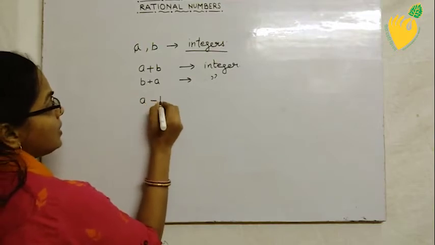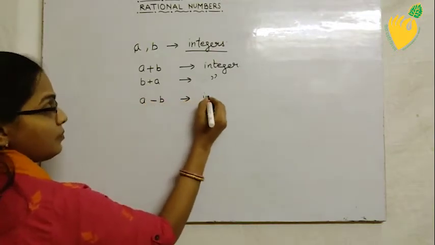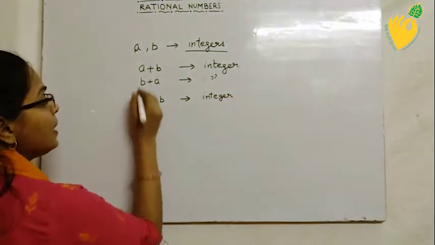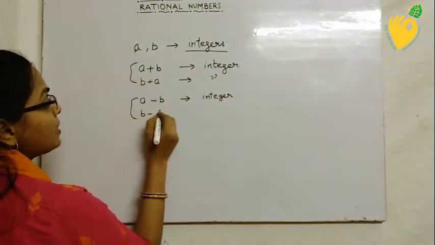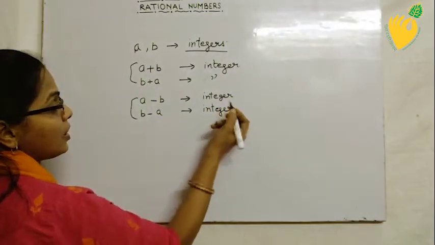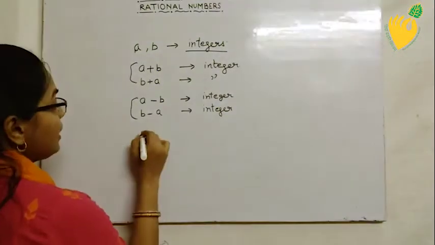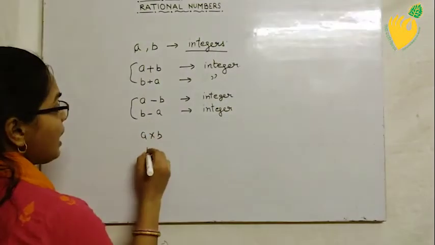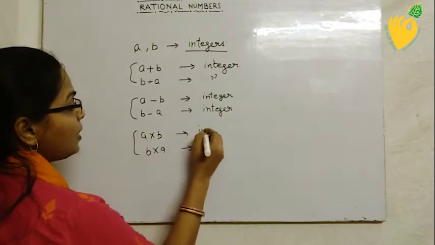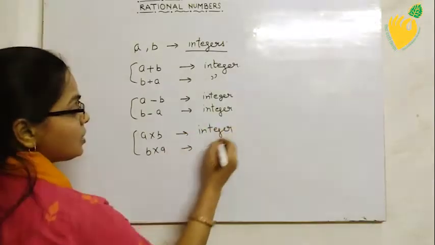Now students, let's see, a plus b is an integer. Yes, it is an integer. And b minus a is also an integer. Similarly, a into b and b into a both will give on multiplication integer.